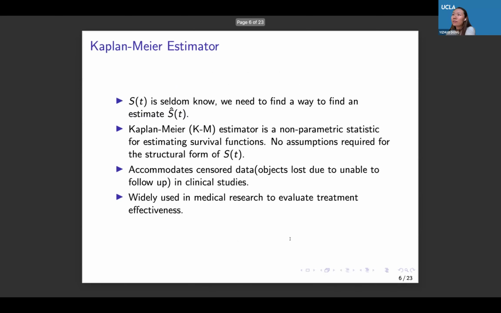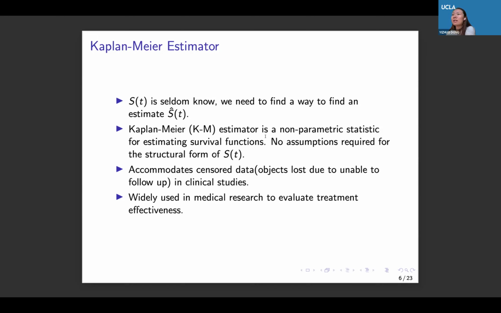In real life, it is hard to know what the real S(t) is. So we have to find a way to get an estimate of the survival function. We'll introduce the Kaplan-Meier estimator, which is a way to recover S hat(t). It's a non-parametric statistic for estimating the survival function, which means no assumptions are required for the structural form of S(t).